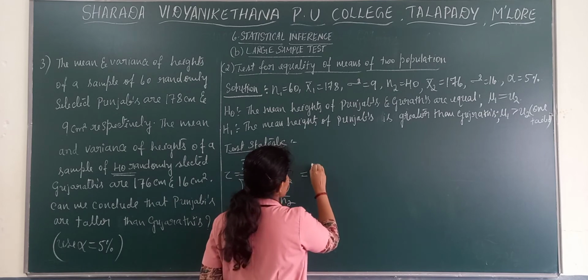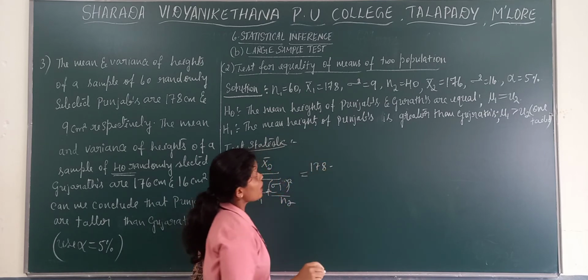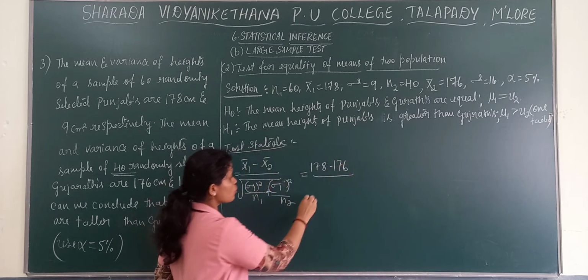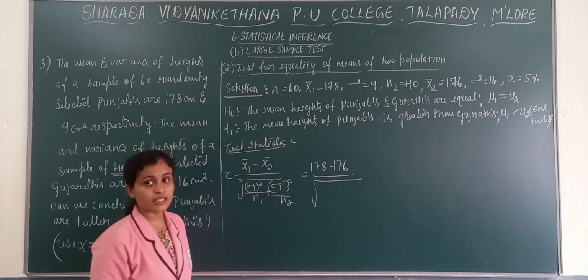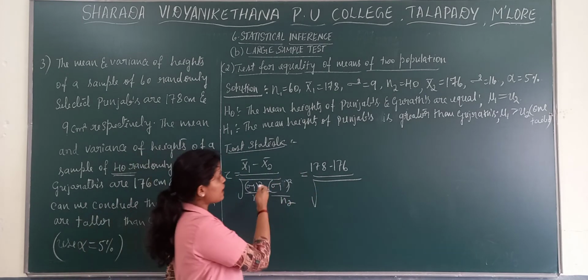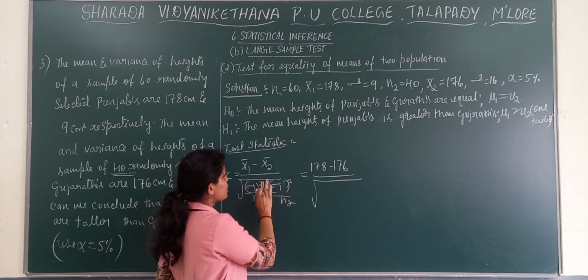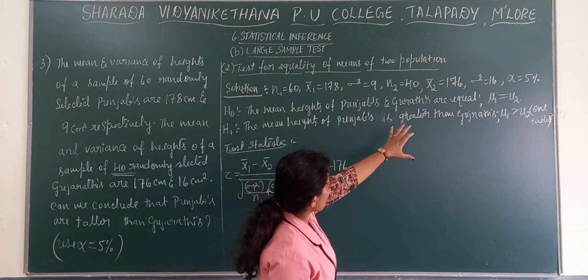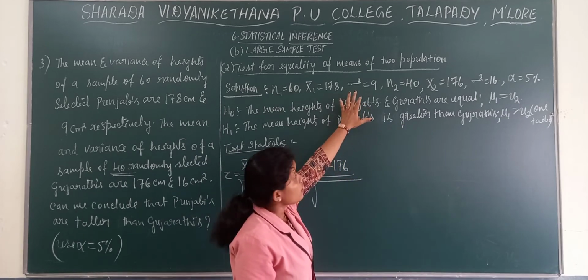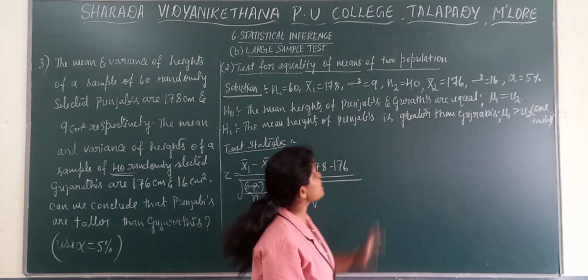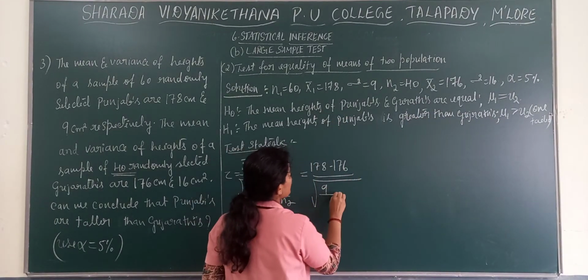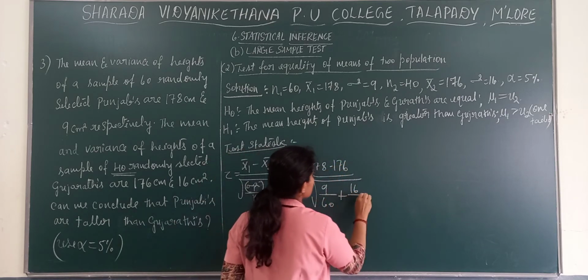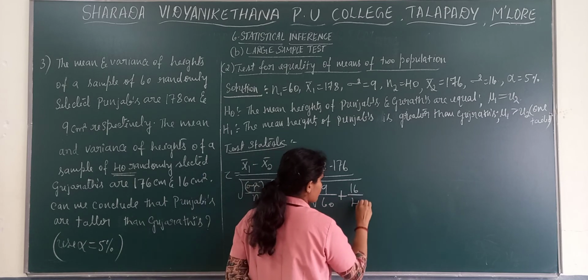X bar 1 is 178, x bar 2 is 176. Inside the root, no need to make the square, because they have already given the variance, that is 9 by n1 is 60 plus 16 by n2 is 40.